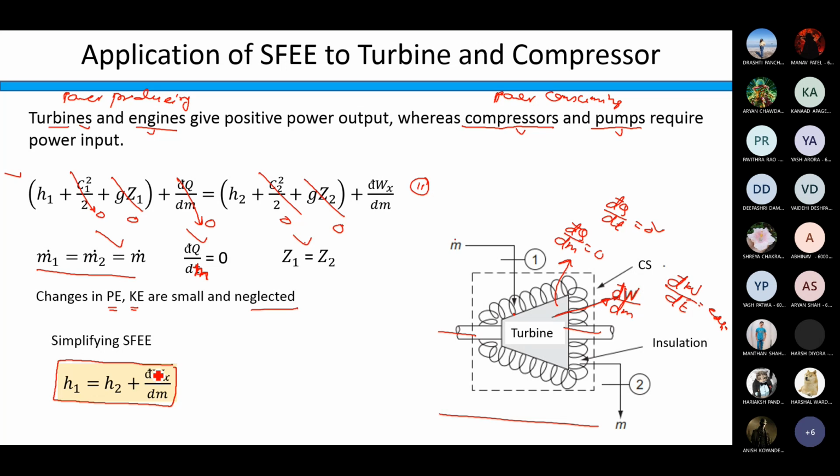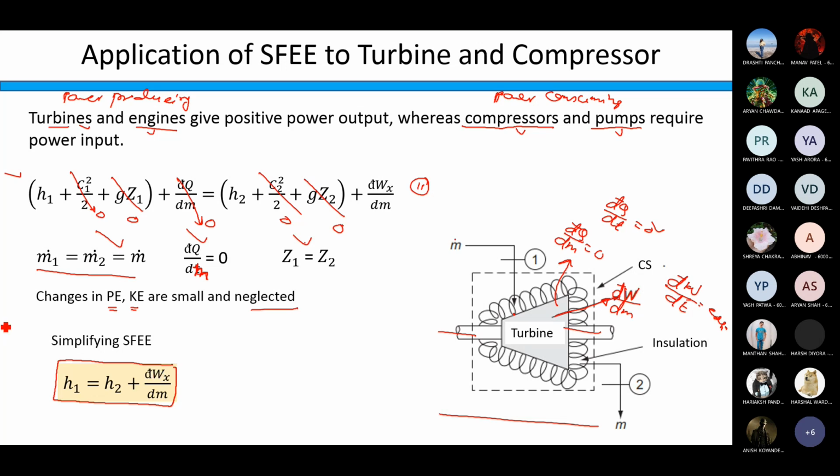Now if I apply the same expression to a device like a compressor or pump, there will be an increase in enthalpy because work will be given as an input to the system, right? Whatever work you apply to the system in case of a compressor or pump, it will help in increasing the enthalpy of your fluid. Understand this?